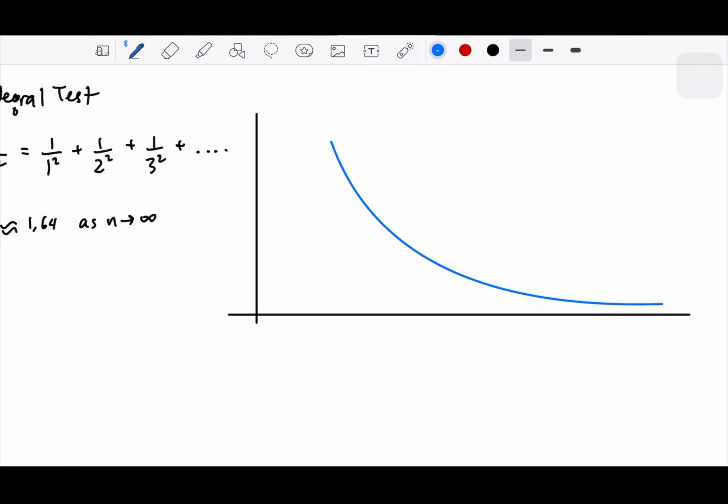Let's say this is y equals 1 over x squared.